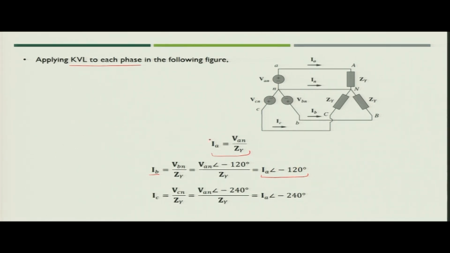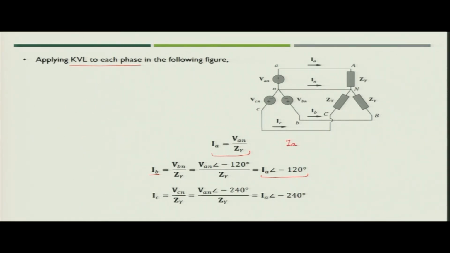Now, here I_A is the phasor quantity. So, the angle of current I_A with respect to V_A will depend upon the phasor value of Z_Y. In the analysis we have to be very careful about the phasor value of Z_Y, so that we get the proper value of I_A in phasor terms with respect to V_A. So, I_B will be I_A angle minus 120 degree.